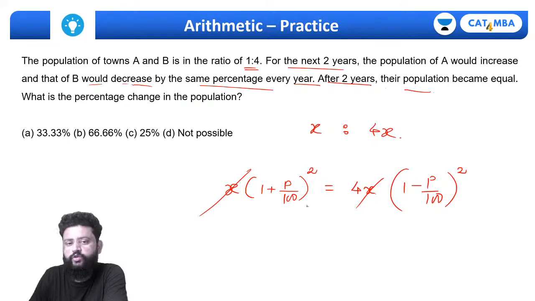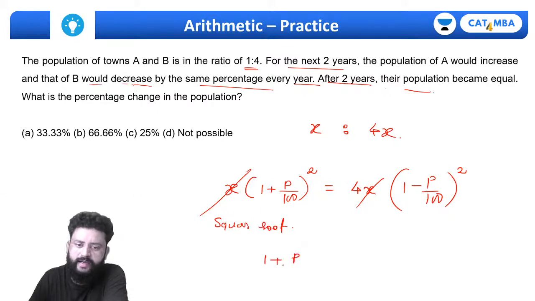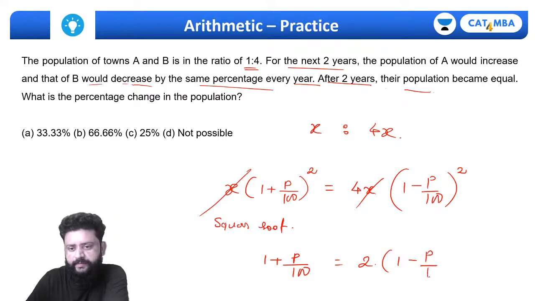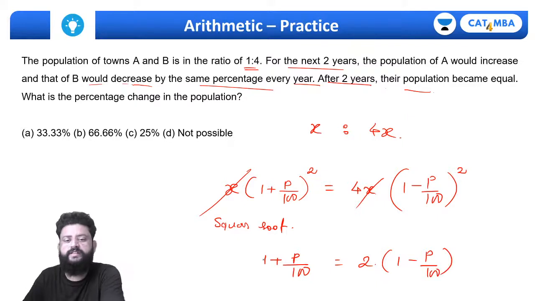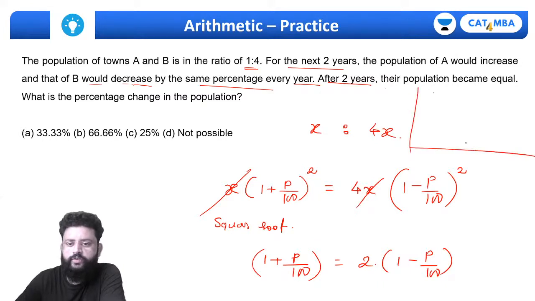So if you take the square root of this equation, take square root on both sides. What will happen? 1 plus P by 100 will be equal to twice of 1 minus P by 100. That's really a simple question. You understand how to solve. So what I can do now, 1 plus P by 100 is equal to 2 minus 2P by 100.